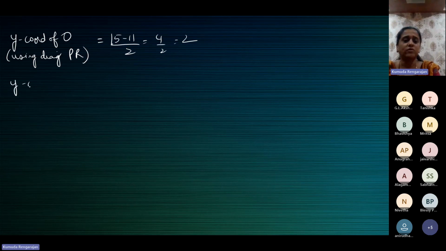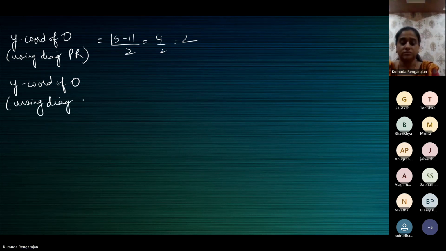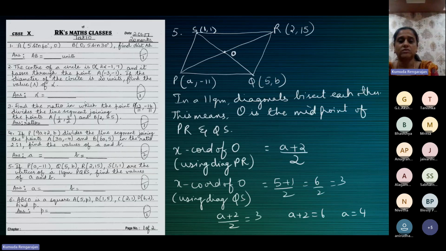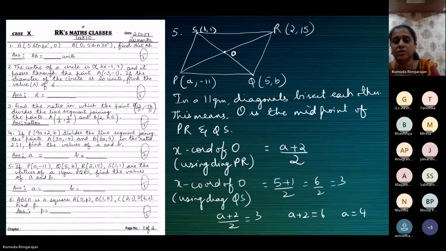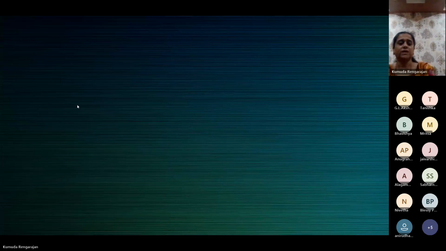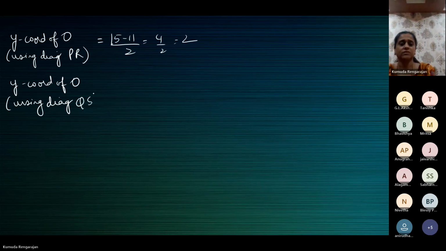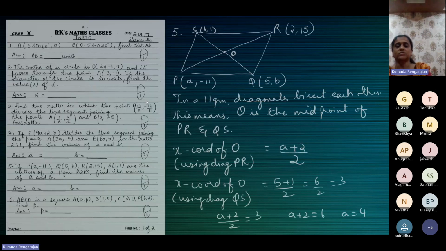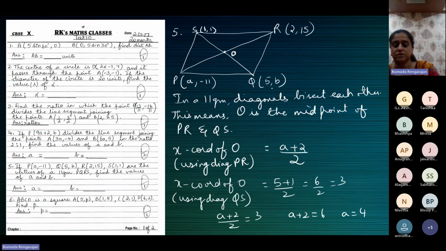But we can also find the y coordinate of O using diagonal QS, which is b plus 1 by 2. You can see the y coordinates are 1 and b.